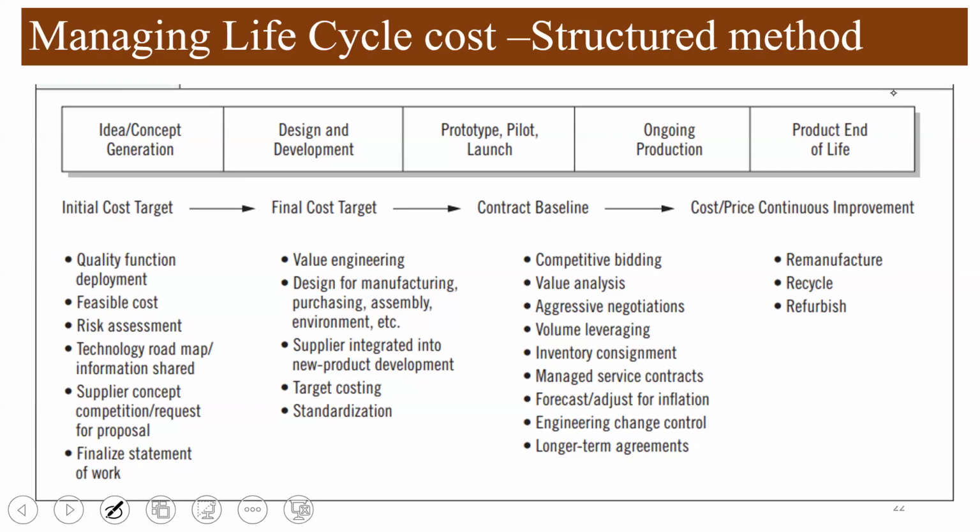In supply chain, I told you around 50% of the cost is related to supply chain. So only 50% is going to the operation cost. You need to purchase, you need to transport, you need to store it in your warehouse, then you need to supply to the process, then the process does the conversion and adds value.